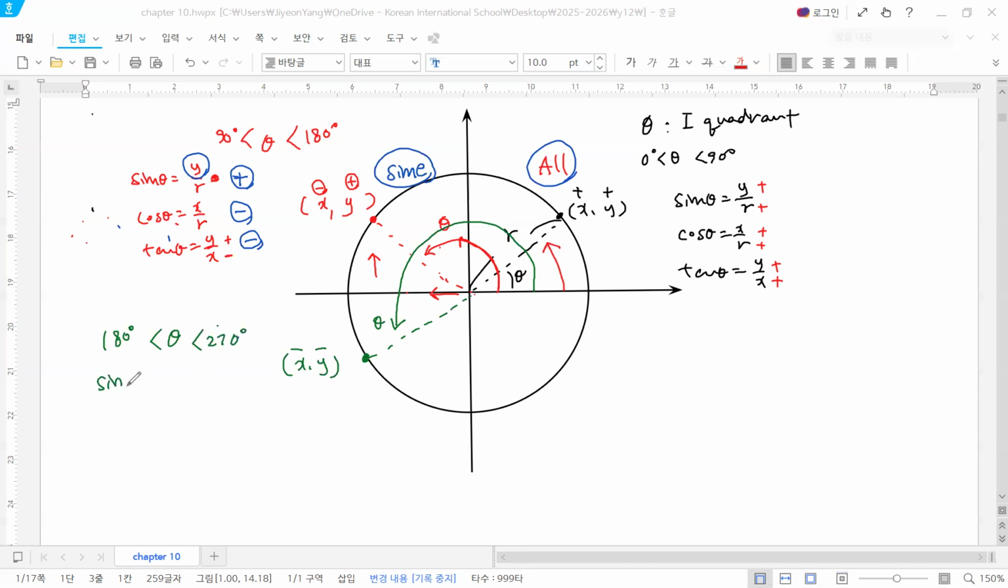Then, by the definition of sine theta, which is y over r, since the y sign is negative and r is positive, it's negative. Cosine theta, which is defined as x over r, x is negative, r is positive, so it should be negative. However, tangent theta is defined by y over x. Since y is negative and x is negative, negative divided by negative is positive. So the only positive value is tangent in this case.